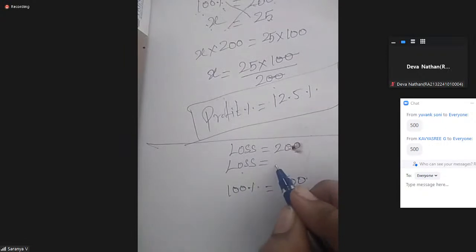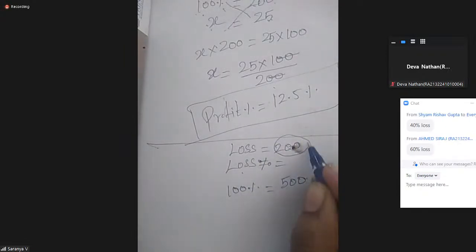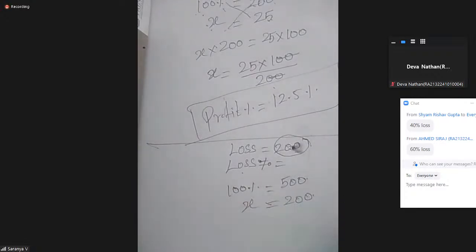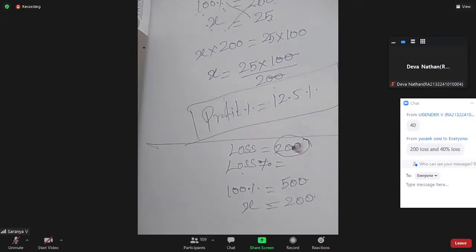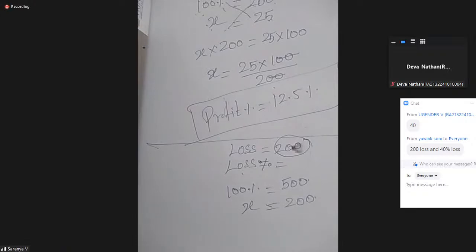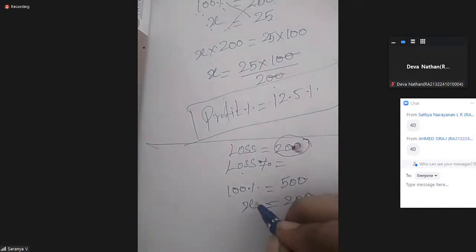And then find the loss percentage. That means this amount is how much percent? Find it, same method. Right, your answers are right. So do the cross multiplication.